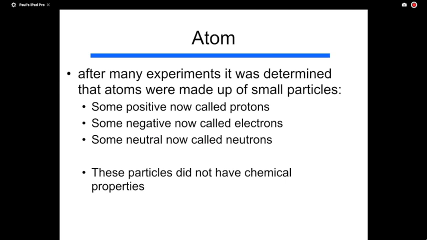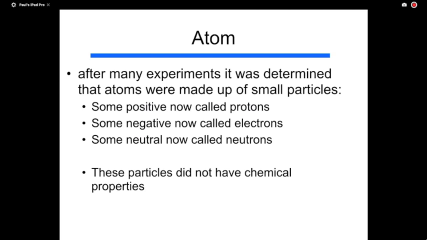Now, after lots and lots of experiments, we found that there were three main parts of an atom. Some were positive, called protons. Some were negative, called electrons. And some were neutral, called neutrons. What we did discover about protons, electrons, and neutrons was that they themselves couldn't do chemical reactions.